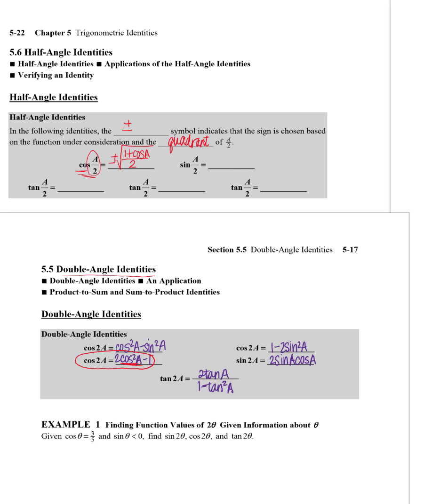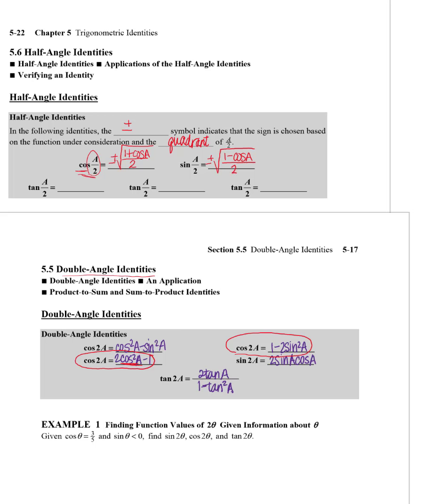Sine of a over 2 comes from an alternative form of this double angle identity. If we subtract the 1 from both sides and then divide both sides by -2, take the square root, and then replace the a with a over 2, we will have sine of a over 2 is equal to plus or minus the square root of 1 minus cosine of a all over 2.